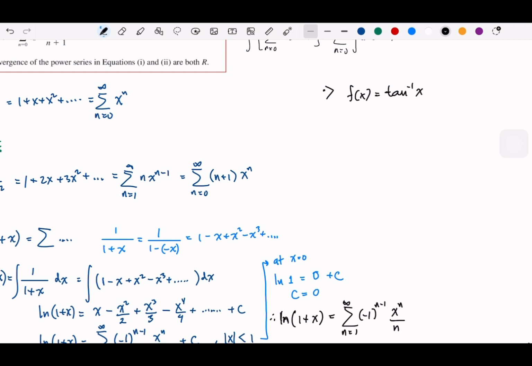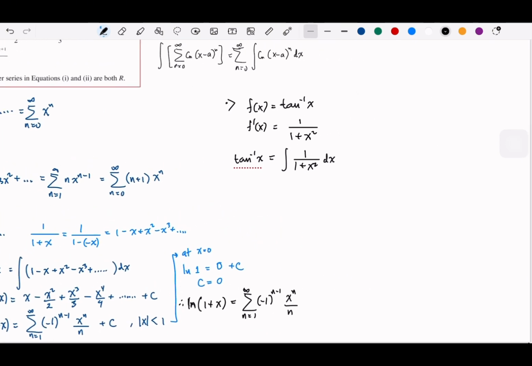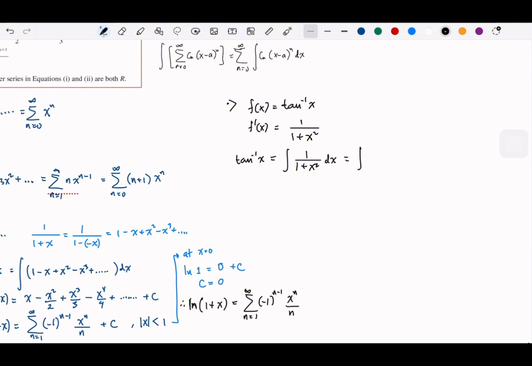So if we take the derivative, this will be 1 over 1 plus x squared, right? So the tangent inverse x is basically the integral of 1 over 1 plus x squared, which is going to be the integration of 1 minus x squared plus x to the 4th. Okay.